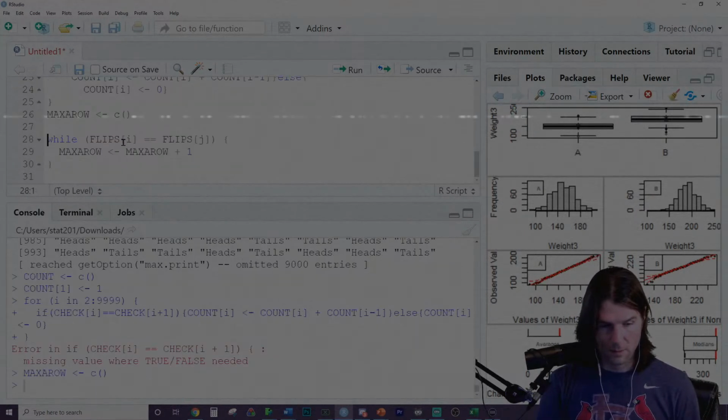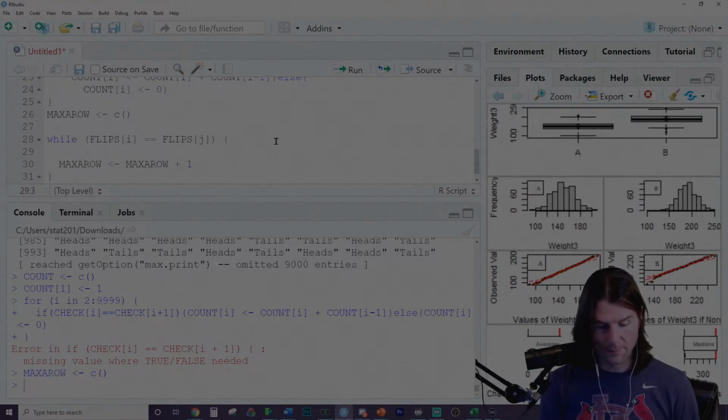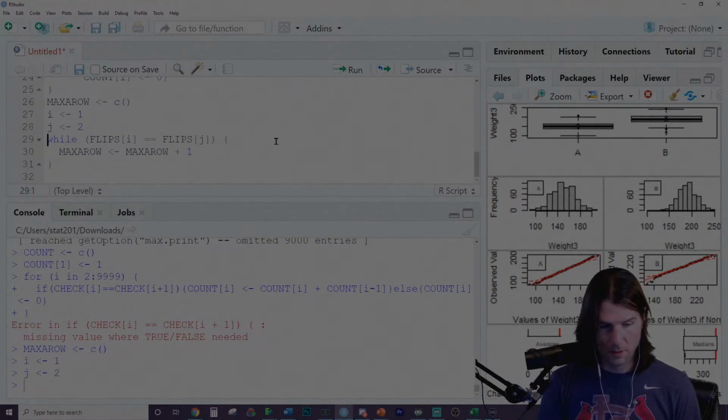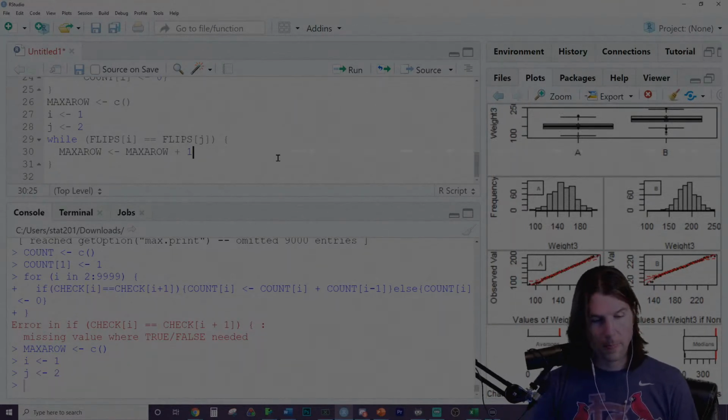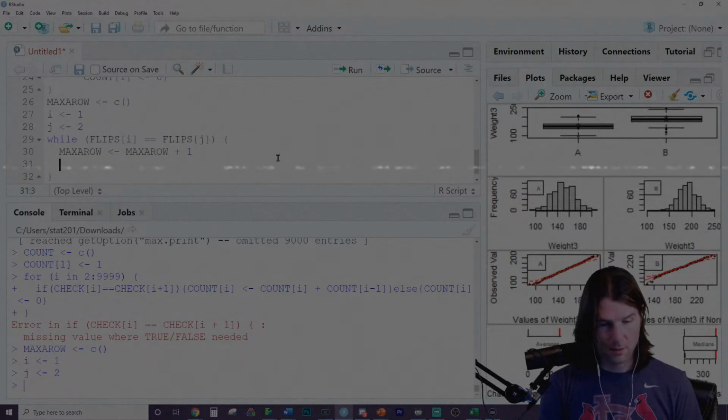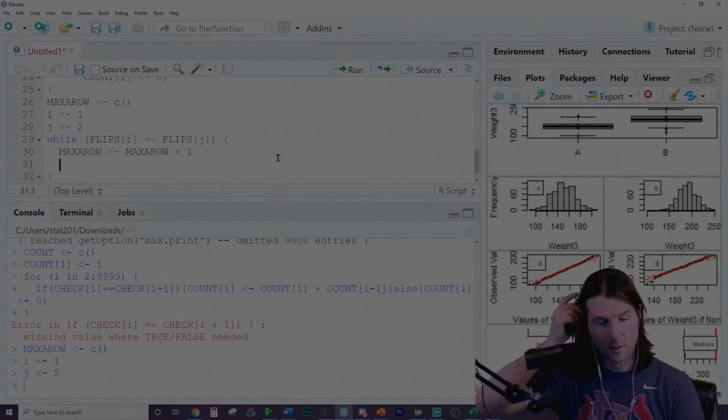And okay, so we need a counter here on I. So I is going to start off at 1. J is going to start off at 1 or 2. And then J... I need to put in a for loop then.